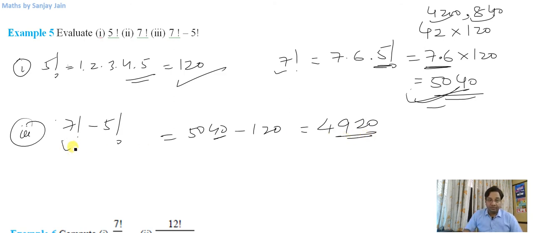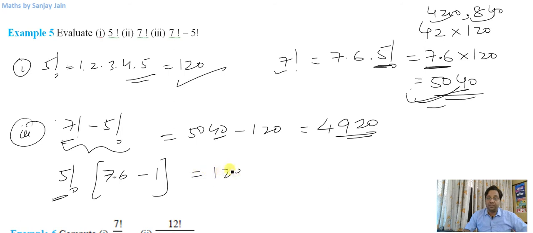Otherwise, if this is the standalone question that is given, what I'll do is, I'll take 5 factorial common. So what I'll have here is 7 into 6 from the first place minus 1 from the second place. 5 factorial is 120. This is 42 minus 1, 41.